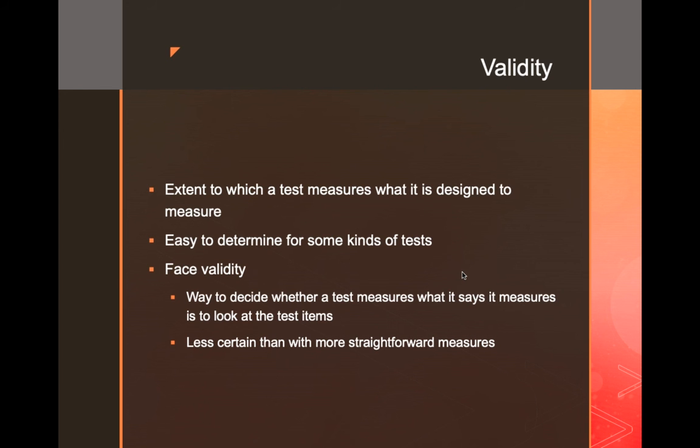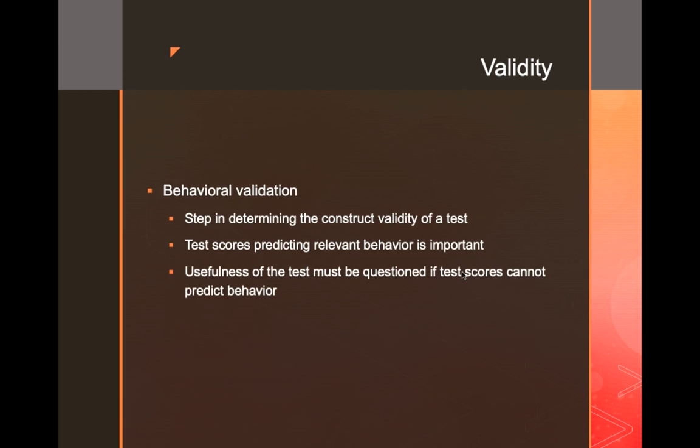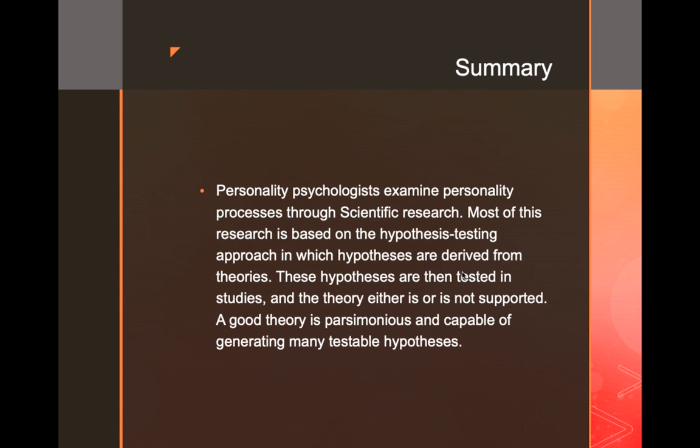And there are different types of validity, like face validity, where you decide what a test measures based on the components of the scale. There's convergent validity, where you see the extent to which the scores correlate with other measures on the same construct. There's discriminant validity, where you see the extent to which the test scores do not correlate with the scores on unrelated measures. And these are some examples of validities.